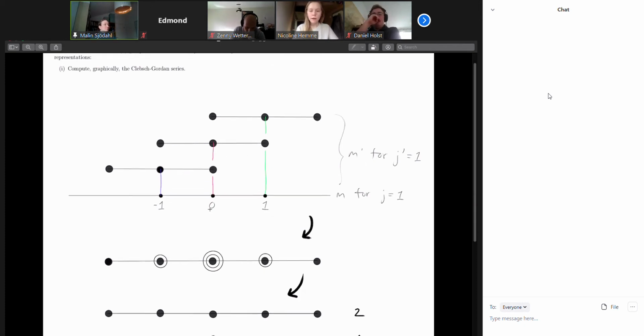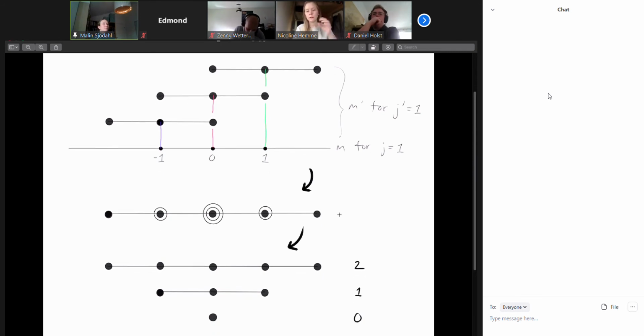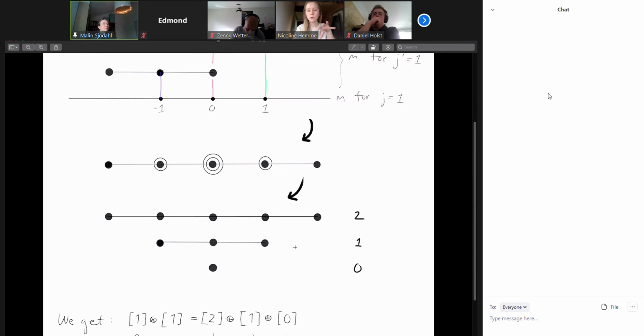And then I can see that I get 1 of -2, and then 2 of -1, and 3 zeros, and symmetrically over here. And then I can separate those out. So we have 1 spin 2 state, and 1 spin 1 state, and 1 spin 0.